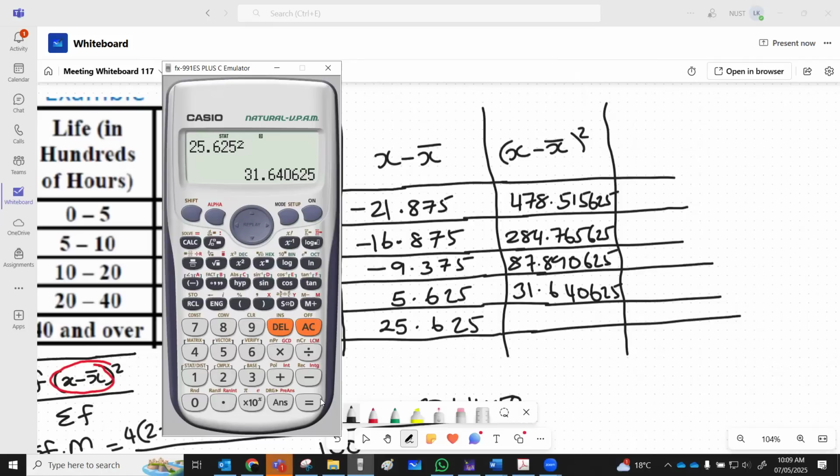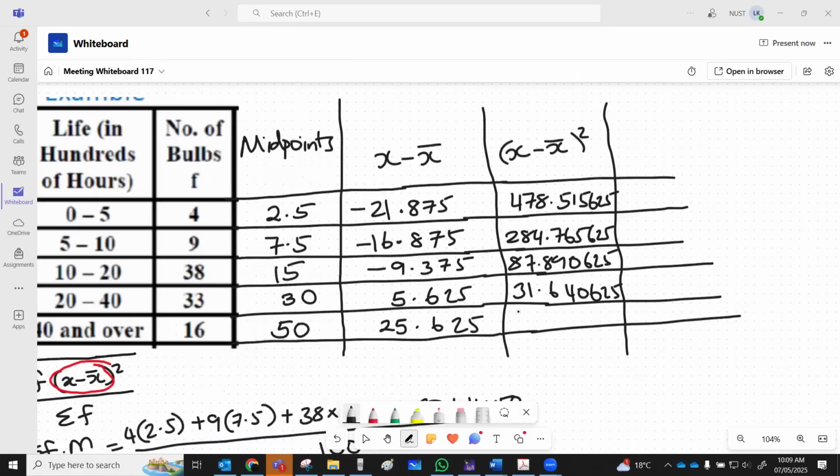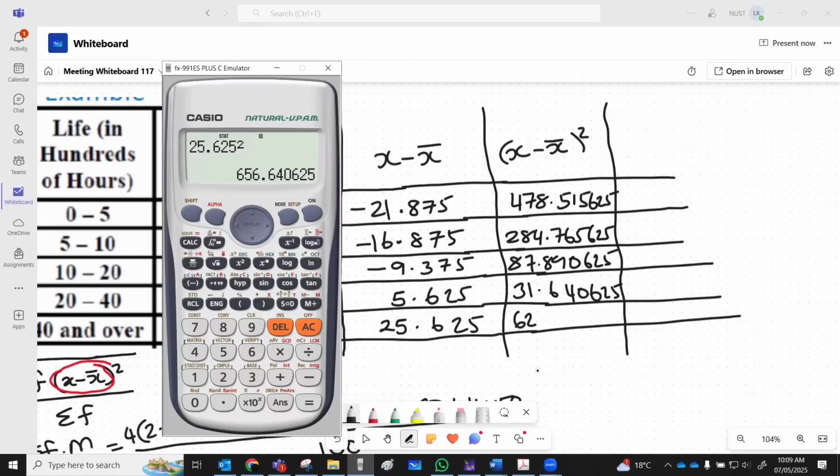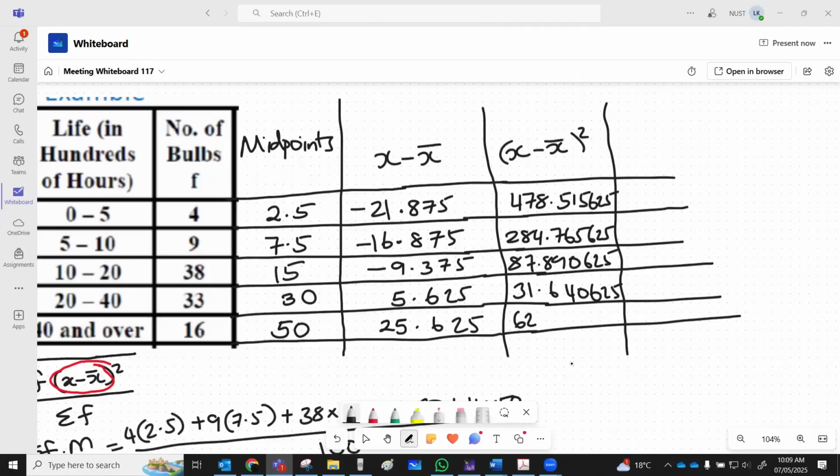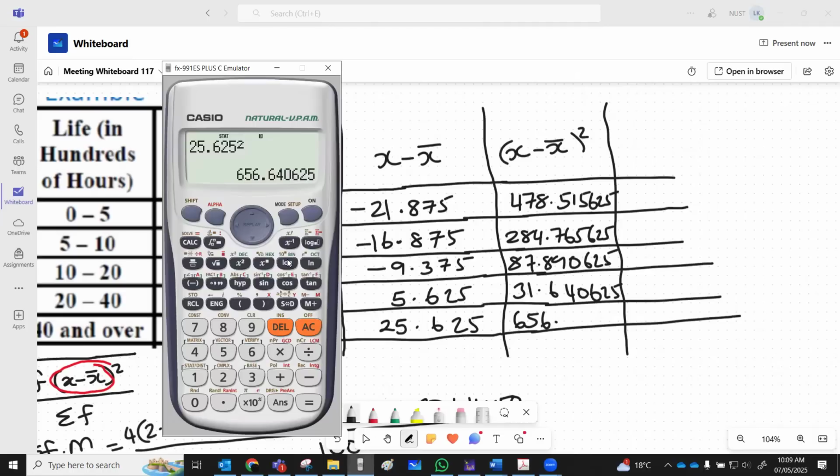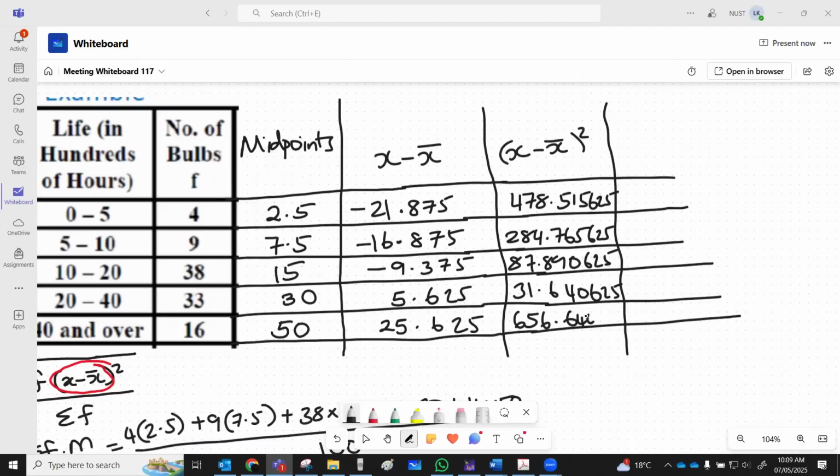When we square this, we get 656.640625. Okay, so you can see a lot of work to do.